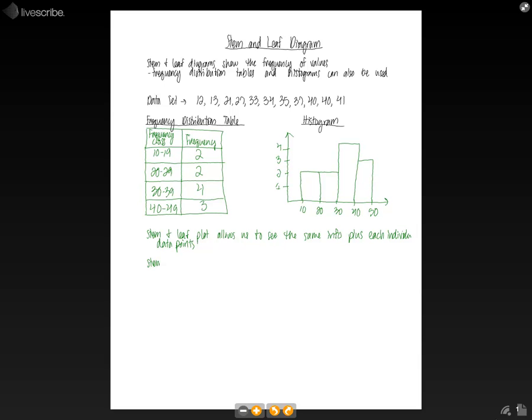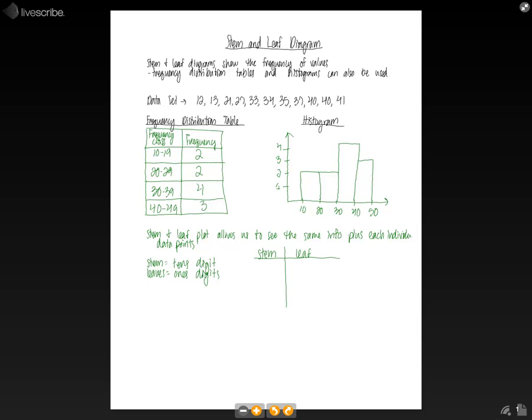So our stem corresponds to our tens digit, and the plot will look like this. We have a stem here, and then we have our leaf here. Our leaves are the ones digits from each of our data points.